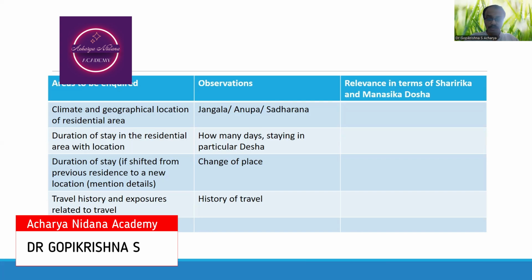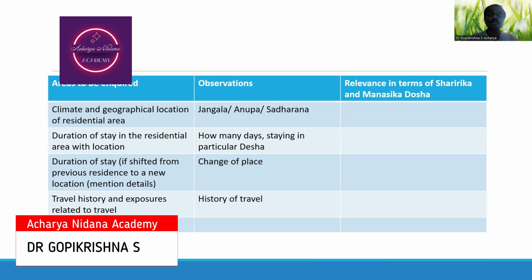So the duration of that stay may be helpful in determining the actual dosha dominance in that particular locality. That means when the person is habituated to the food habits in that particular locality, naturally that may have an impact on the health of the person.